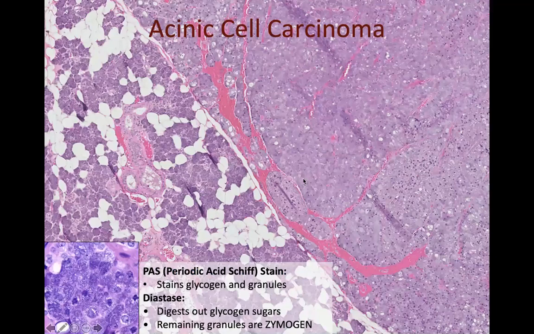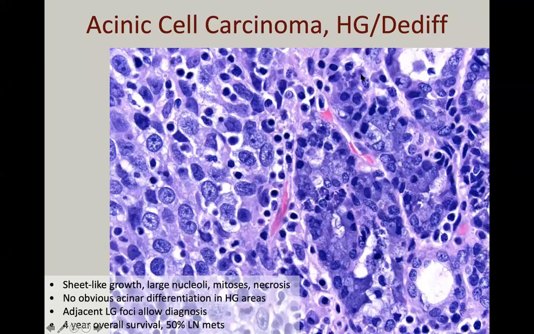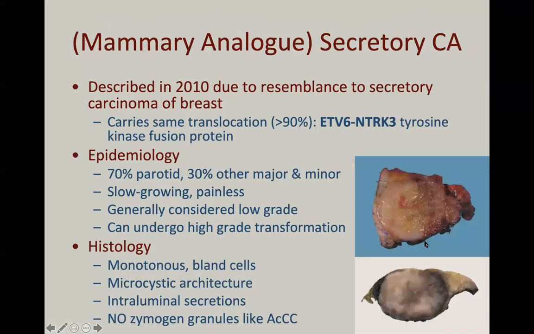Here's an example of what it looks like on the top right, just basically sheets and sheets of those purple serous acinar cells containing zymogen granules, diagnostic of acinic cell carcinoma. Again, here showing high-grade transformation to a tumor with prominent nucleoli, many mitoses, and on the right, there's a small suggestion of residual acini from the acinic cell carcinoma.